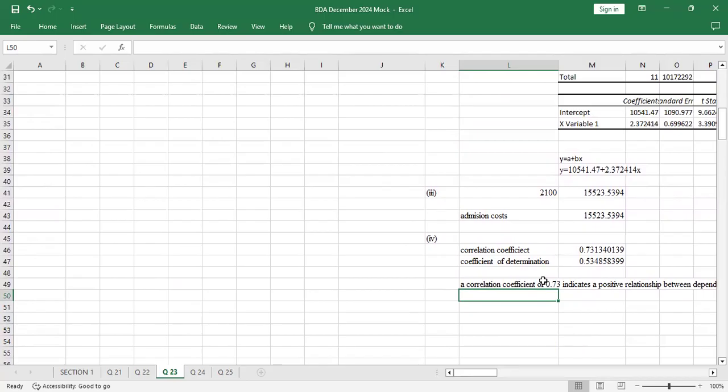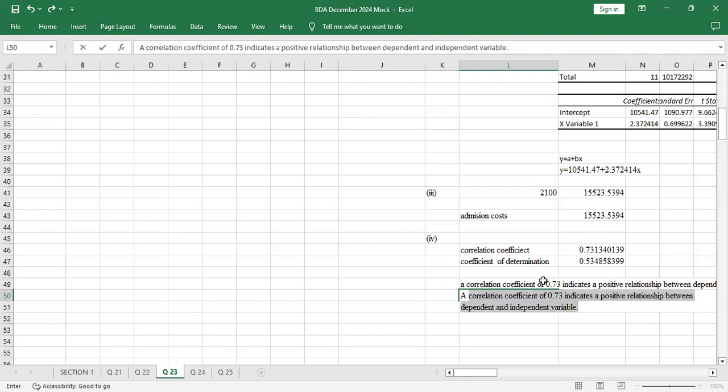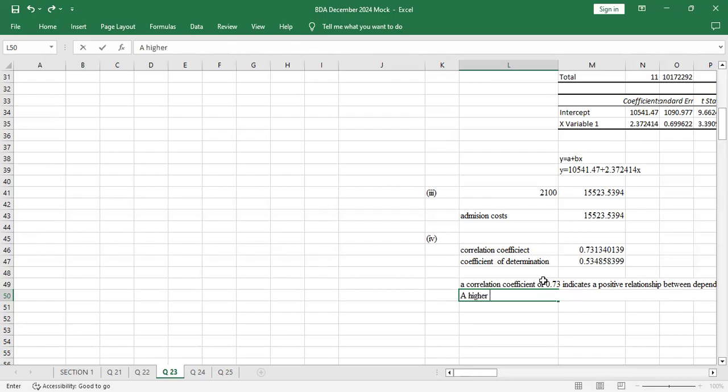So we'll say a higher coefficient of determination of 0.53, you have to state the value, indicates a better fit for the model.